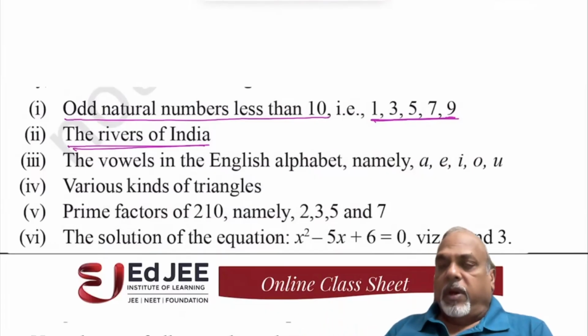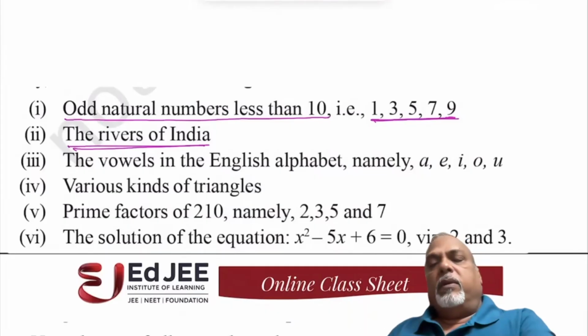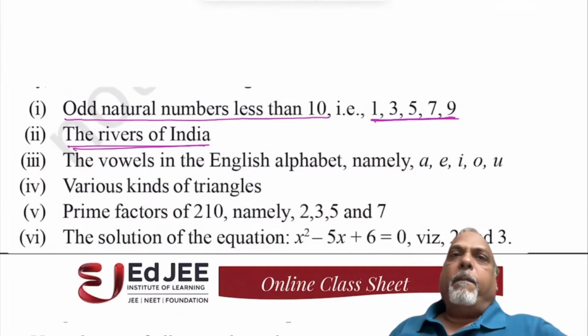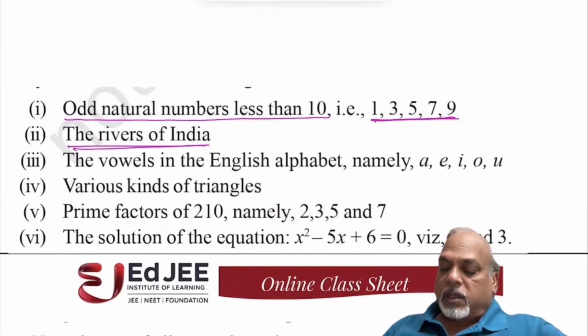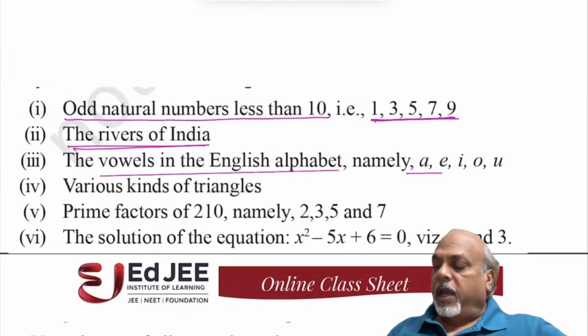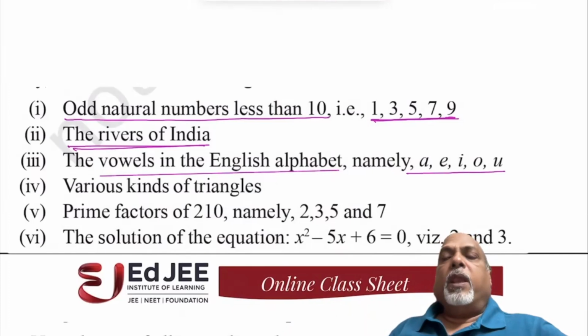So, rivers in India, it's a particular kind of object. Vowels in the English alphabet, namely A, E, I, O, U. These vowels are known differently in the alphabets, vowels and consonants, correct?